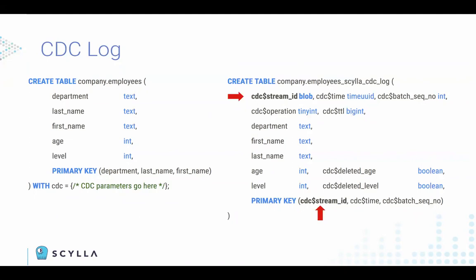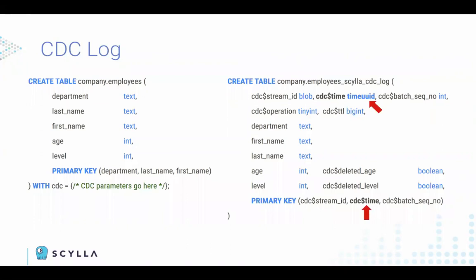First of them is stream ID, which is a partition key. It's a specially selected partition key which controls the distribution of the log entries in such a way that they are collocated with the actual observed data, but I will talk more about it in a later slide. Then we've got cdc_time, which is the time at which the operation was performed.